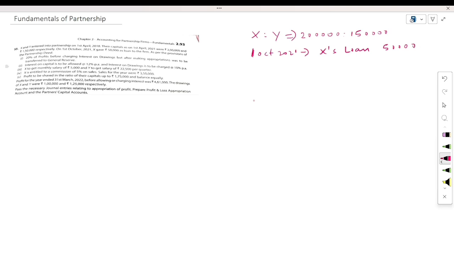As per the provisions of the partnership deed, these are the partnership deeds. What is mentioned in the deed? First, 20% of the profits before charging interest on drawing, but after making appropriations, was to be transferred to the general reserve. Interest on capital is to be allowed at the rate of 12% per annum.